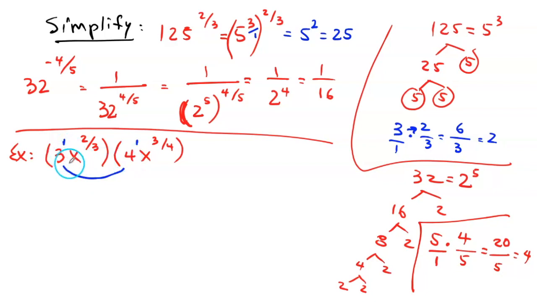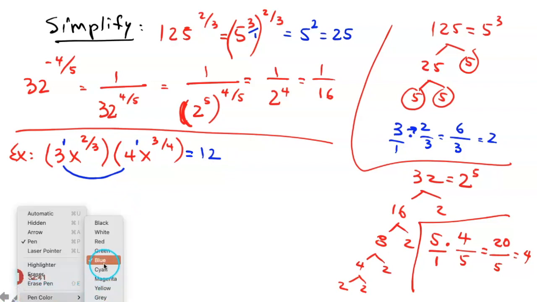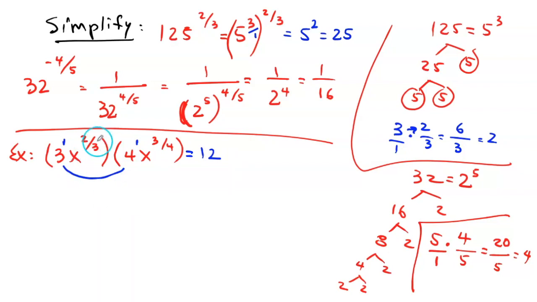Whole numbers. 3 times 4 is 12. Now we do the powers. x to the 2/3 times x to the 3 over 4 is the same variable, so I keep the same variable. What do we do with exponents? 2/3, I add, right? x to the, remember this?